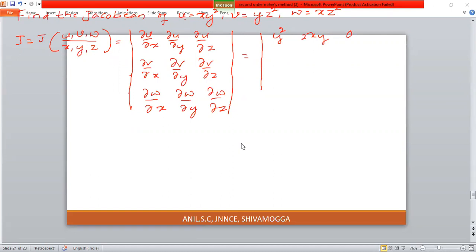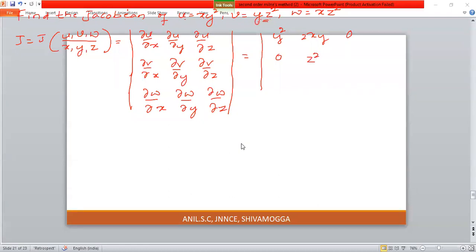Next, del v by del x. Differentiate v partially with respect to x, treating y and z as constants. y is constant, z square is also constant. Therefore y z square is a constant, and the derivative of a constant is 0. Next, del v by del y. Differentiate y into z square partially with respect to y, treating z square as constant.